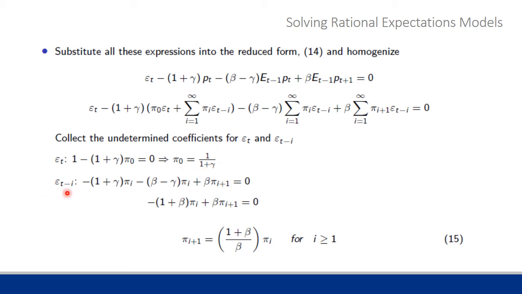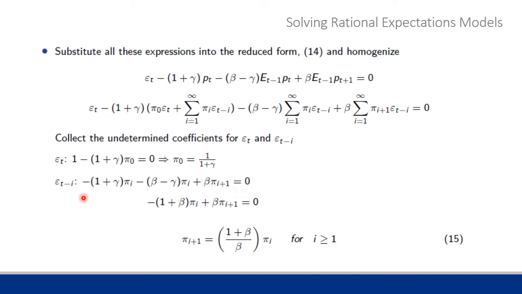For the past shocks, we have coefficients minus 1 plus gamma times pi I, minus beta minus gamma times pi I, and beta times pi I plus 1, which we've written here equal to 0. The coefficients must be equal to 0.